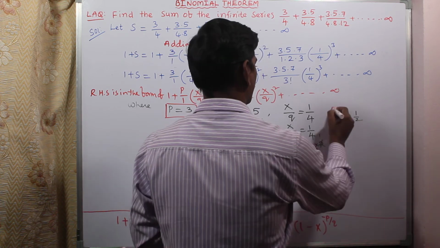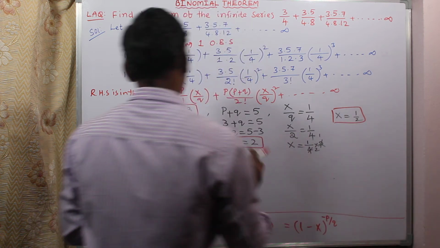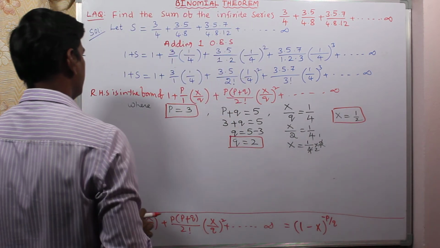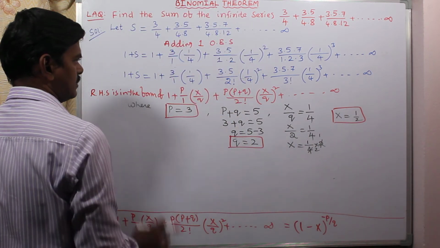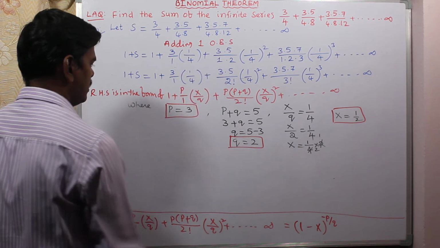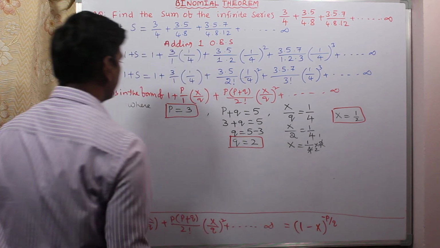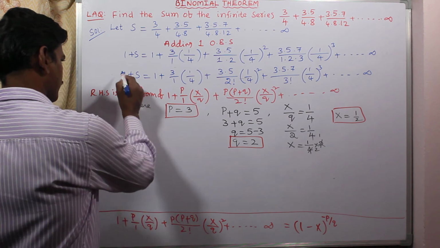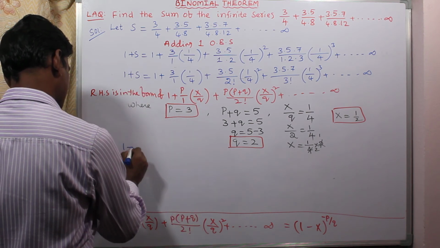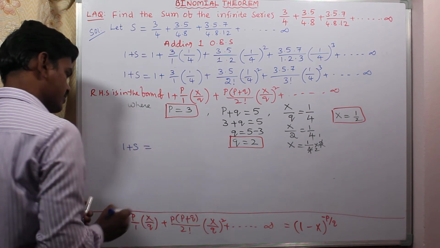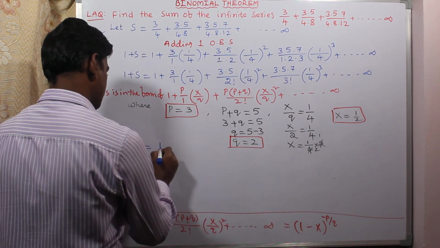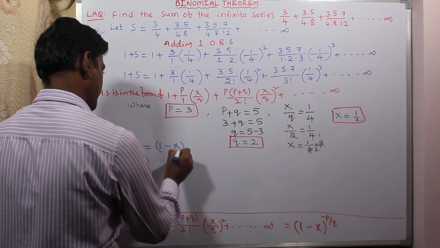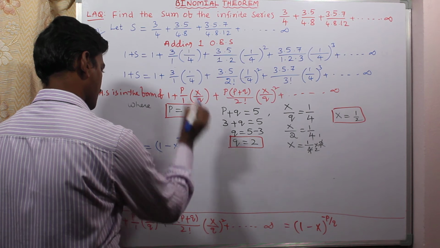So after having the x value, p value, q value, now the RHS, this infinite series, can be expressed in the form of a binomial in the next step. So 1 plus s, let me write 1 plus s as it is, that is equal to 1 minus capital X whole power minus p by q is the formula.